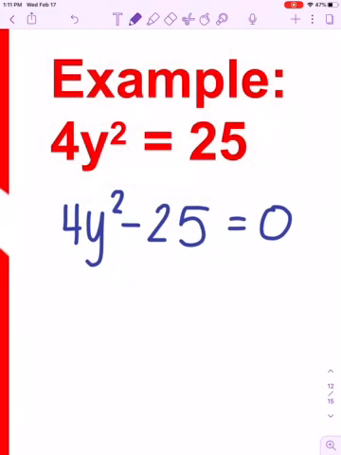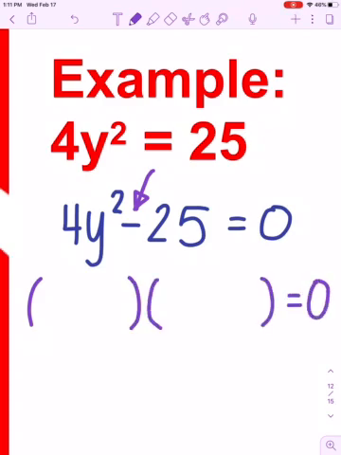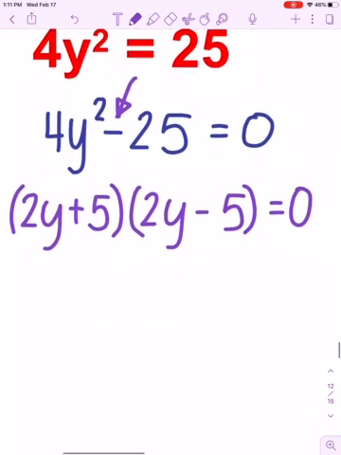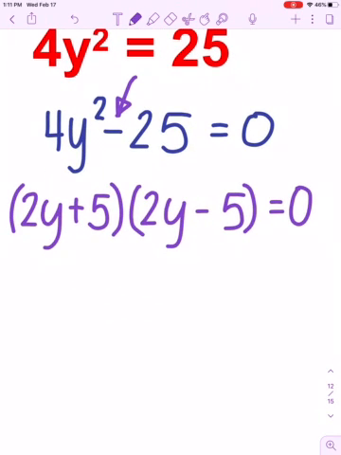I got to factor the left. 4y squared is a perfect square. 25 is a perfect square, and there's a subtraction sign in the middle. So I put my two sets of parentheses and take the square root of each. Square root of 4y squared is 2y. The square root of 25 is 5. My signs will be opposite.